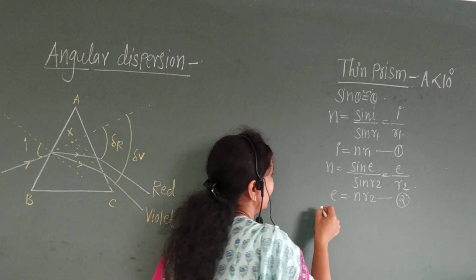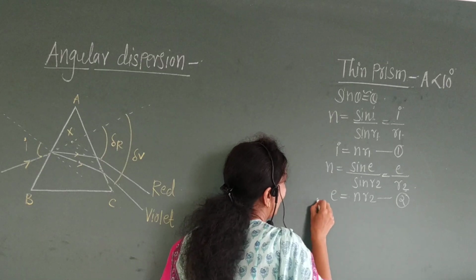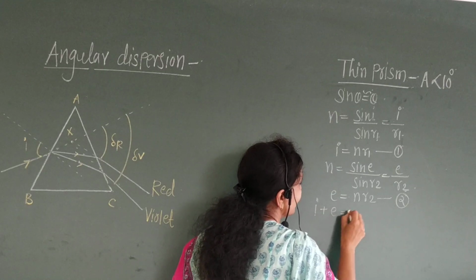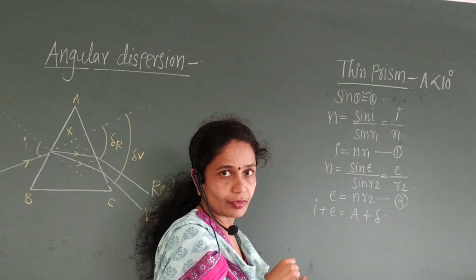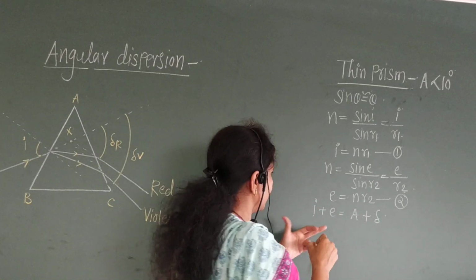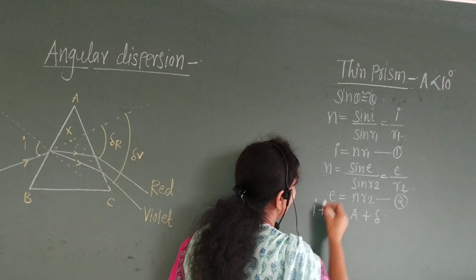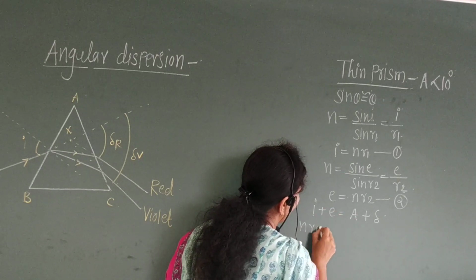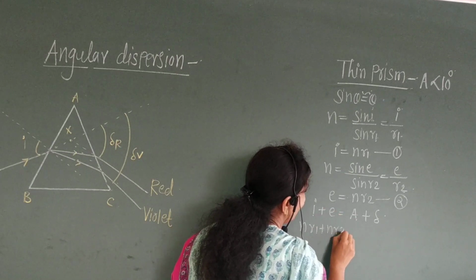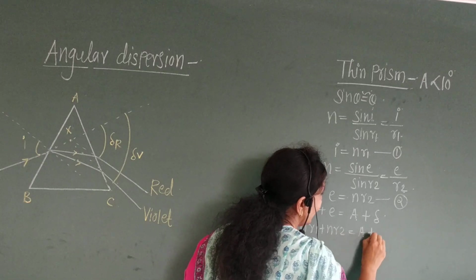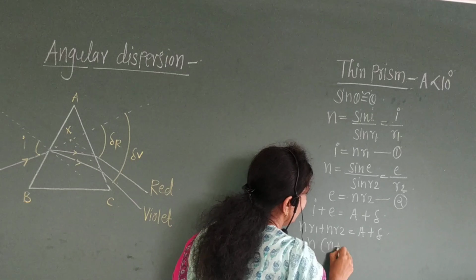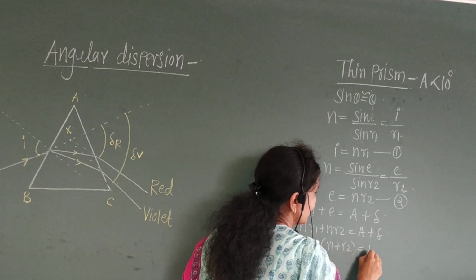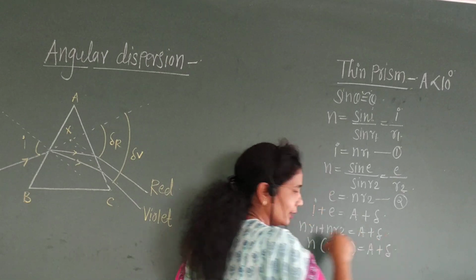Then we have I plus E is equal to A plus delta, the equation we have just obtained. Now, I plus E is n R1 plus n R2, which is equal to A plus delta. Therefore n into R1 plus R2 is equal to A plus delta.